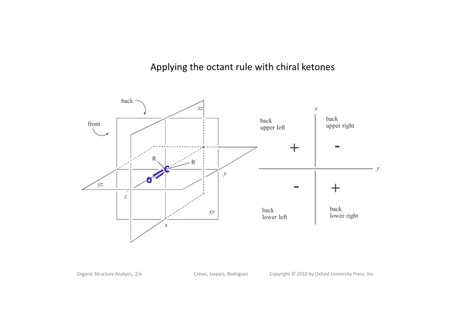If there's more bulk in the back upper left or back lower right octants, then the Cotton effect will be positive. If there's more structure in the back upper right or lower left, then the compound will exhibit a negative Cotton effect. For applications of the octant rule, it is better to work with molecular models.